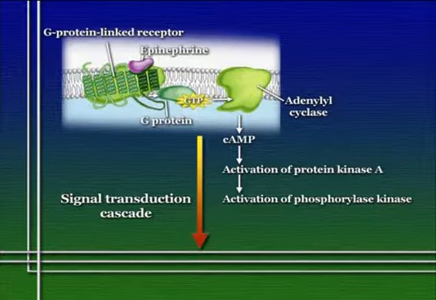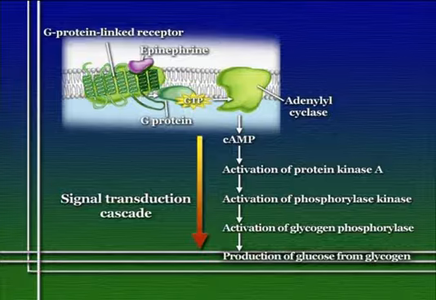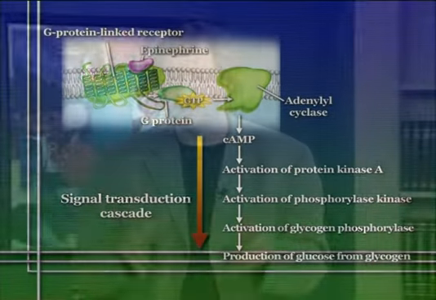The phosphorylase kinase then in turn phosphorylates the last enzyme in the sequence, which is glycogen phosphorylase. And remember, it's glycogen phosphorylase, which is the enzyme that is actually responsible for producing glucose by breaking down a molecule of glycogen. Now, as I said earlier, if we don't worry about memorizing all the names of all the kinases involved, there's nothing really conceptually complicated about how a signal transduction cascade works.